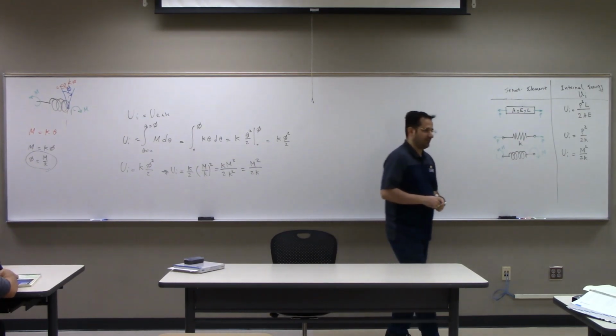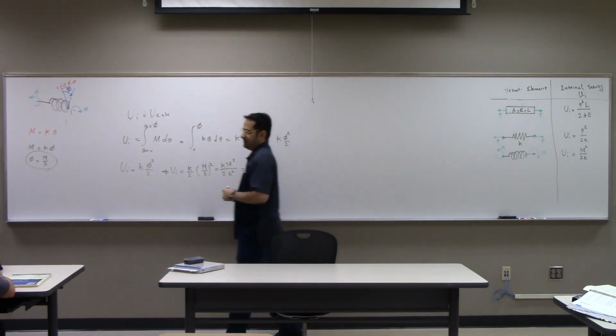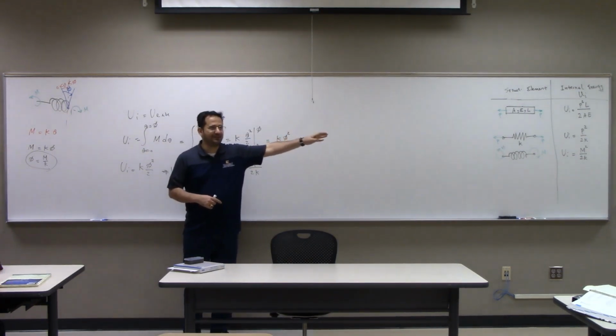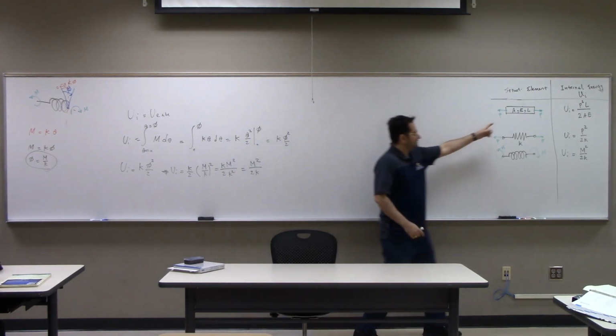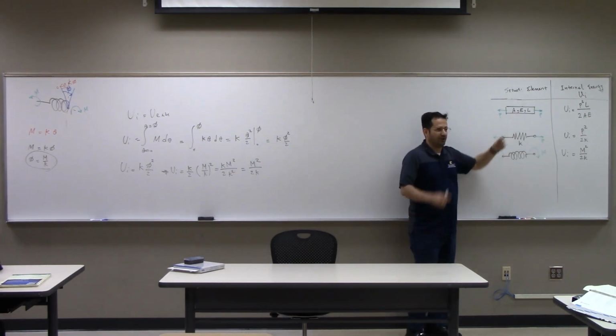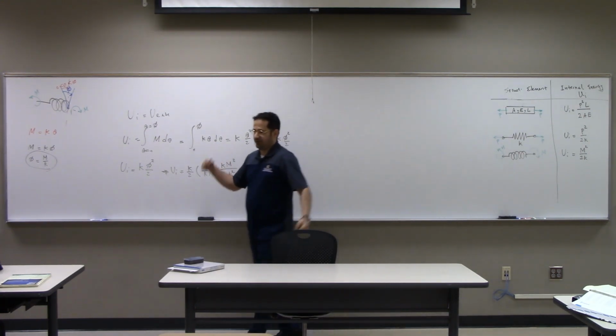Now what's the next very common structural element that we haven't included yet? Yeah, cable. A cable can be modeled with just a tensional bar, a long tensional bar. Not compression, only tension, one-sided.